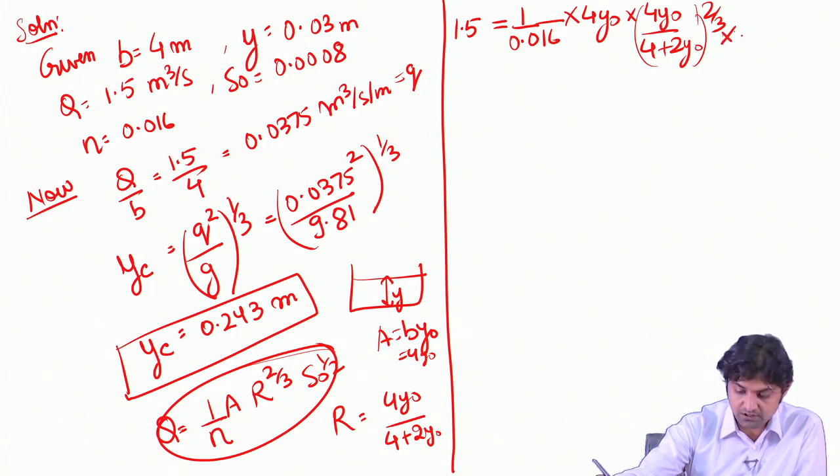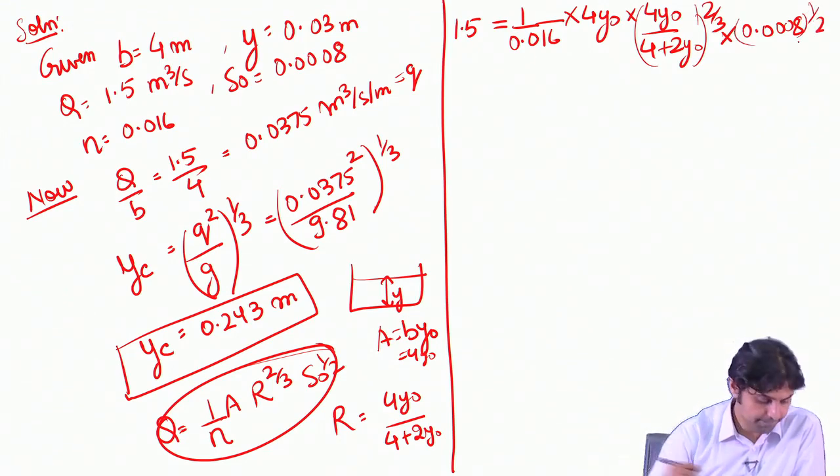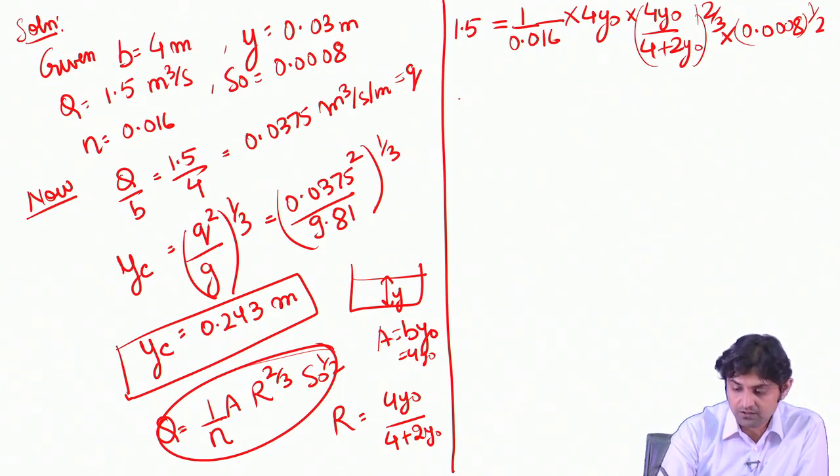S naught is given, 0.0008 to the power half, all right.